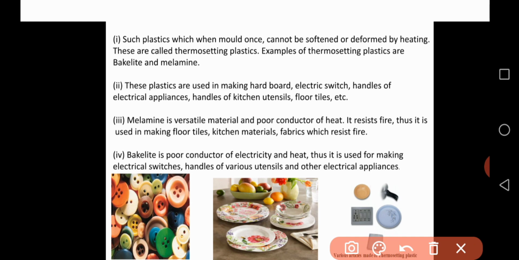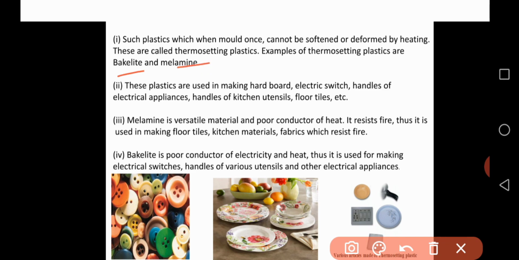But in the case of thermosetting, we mold the plastic once, and we cannot soften it or turn it into different shapes on heating. These types of plastics are commonly called thermosetting plastics. Examples of thermosetting plastics are bakelite and melamine.